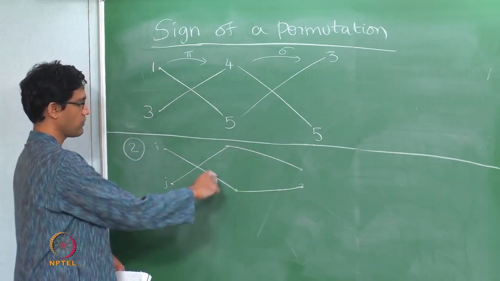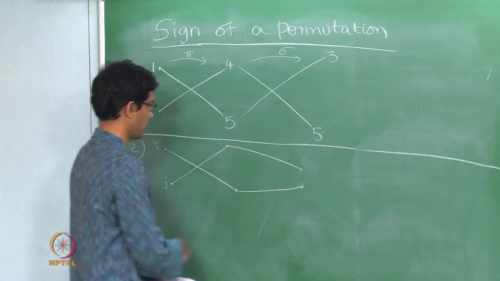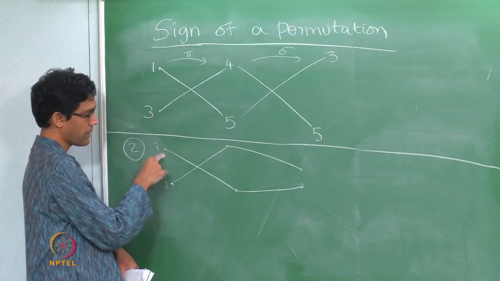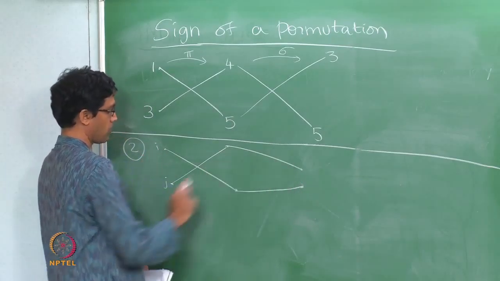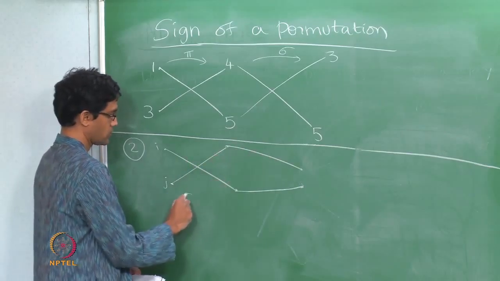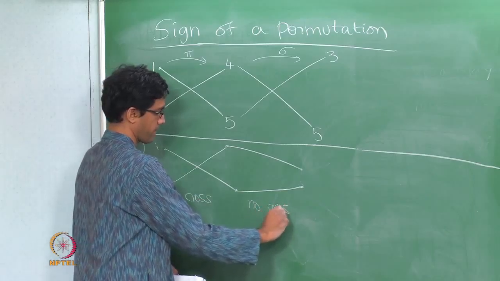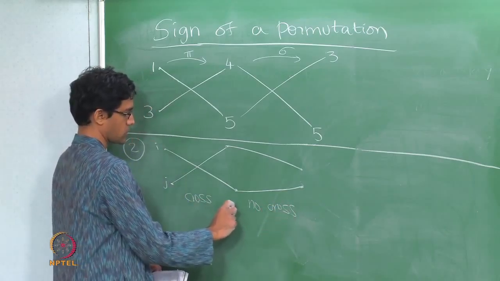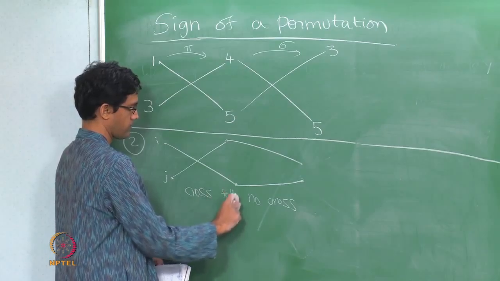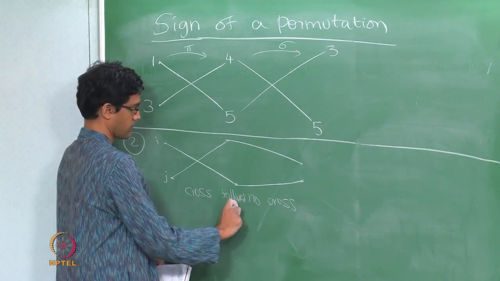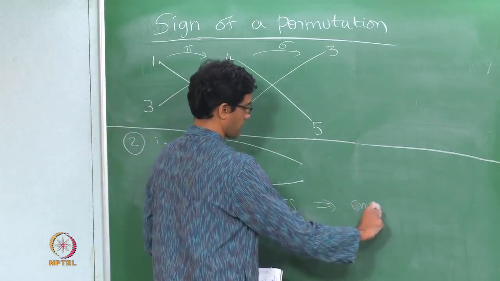So if I have a crossing followed by a no crossing, then in the composition there will still be a crossing, because this i would map to something in the end which is in fact still bigger than whatever j maps to. Okay. So cross followed by no cross leads to a crossing at the end.